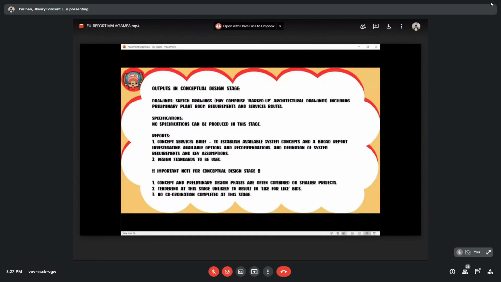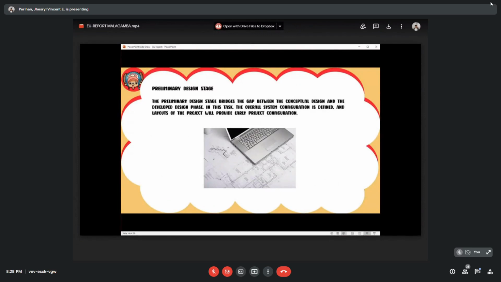And for the important notes for conceptual design, first, concept and preliminary design phases are often combined on smaller projects. The second is that tendering at this stage is unlikely to result in like-for-like bids. And lastly, no coordination is completed at this stage.